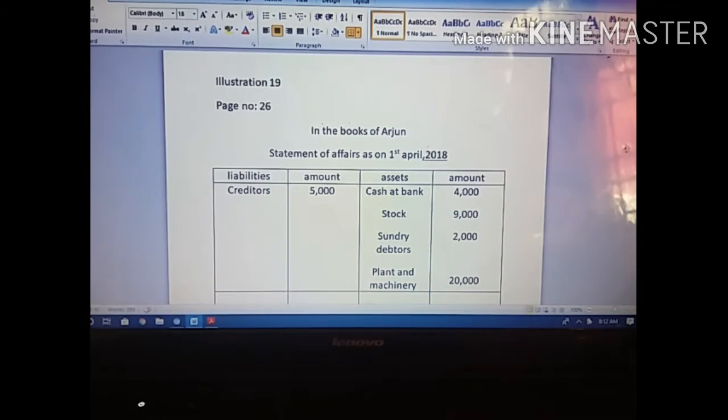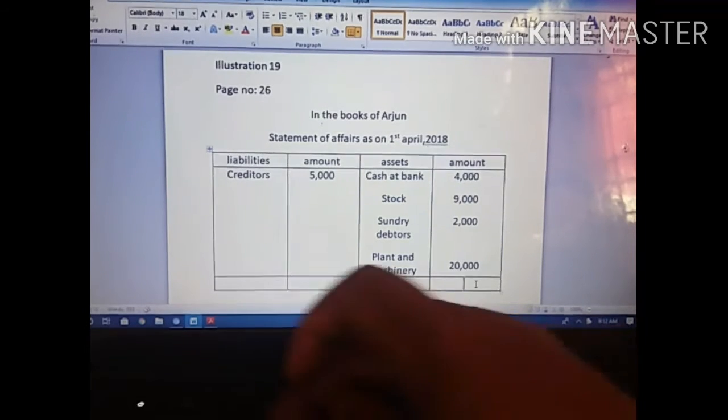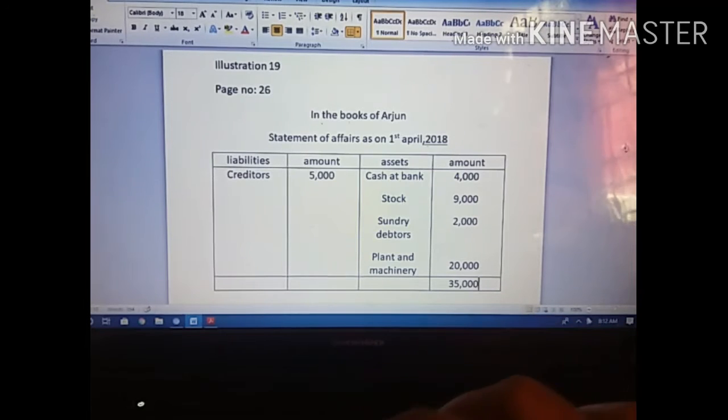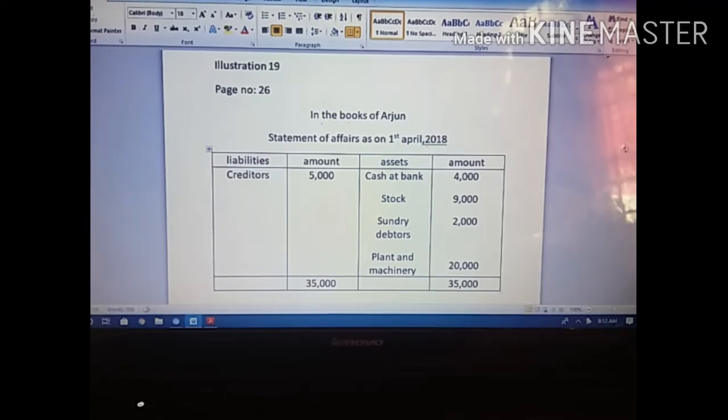If we add the asset side, we get 35,000. The asset side is the highest value, so I have to put the highest value on both sides, 35,000. So 35,000 minus 5,000 is 30,000. It is a closing balancing figure. This is the opening capital. So you have to write opening capital here.